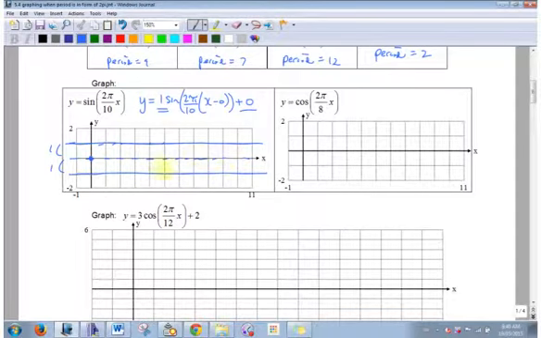Where's the end of that cycle, the end of the period? What's my period? It goes to 11, so I know the end of that cycle is right there at 10. That's how long the period is. That's 1 complete cycle.